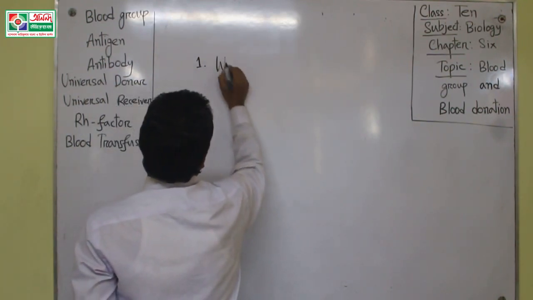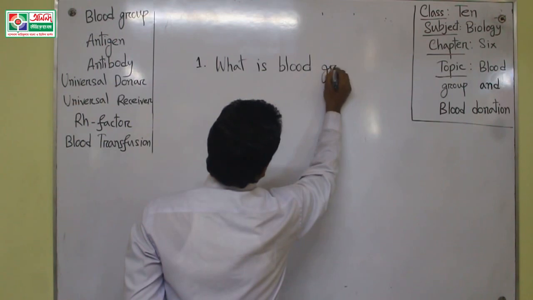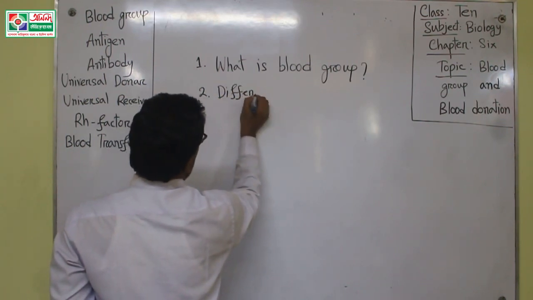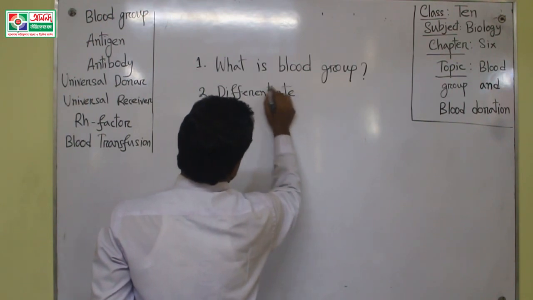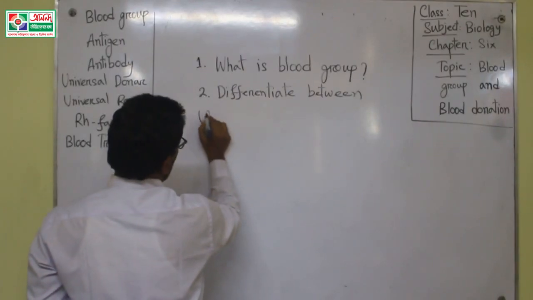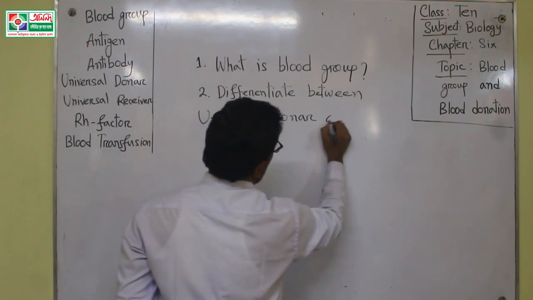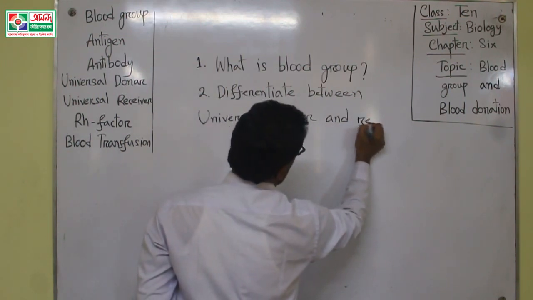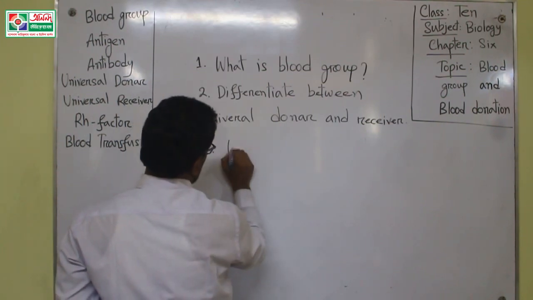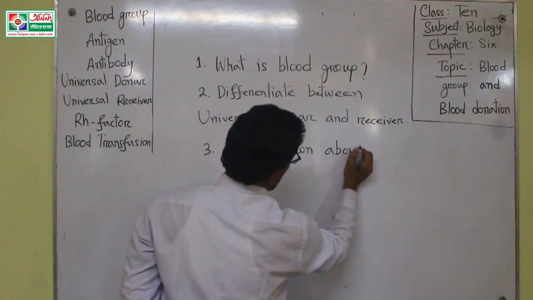First one, what is blood group? Differentiate between universal donor and receiver. Write down about the Rh factor.